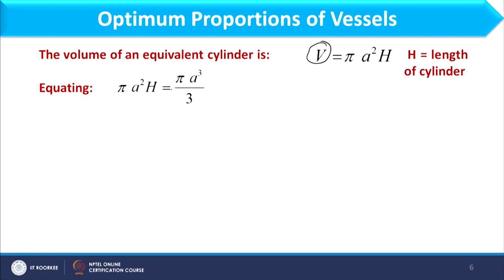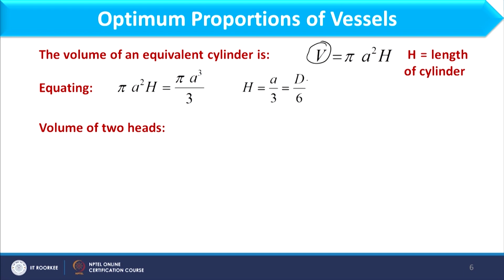So, pi a square h will be equated to pi a cube by 3, and after resolving this we can find h as a by 3, and a is basically d by 2. So, in terms of diameter it is d by 6. So, h we can represent in terms of diameter.